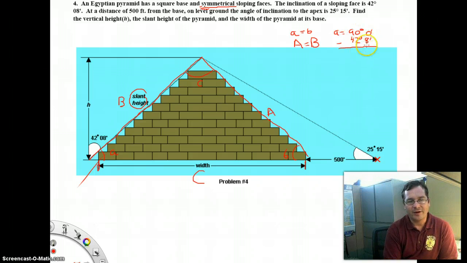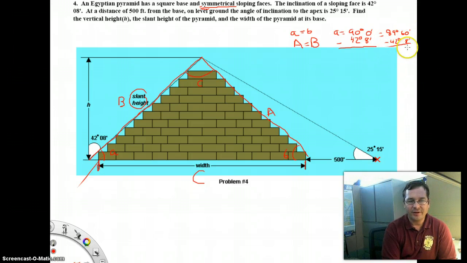You can't subtract 8 from 0. So this is just like when you learned subtraction, probably in first grade. You have to borrow. I take 1 degree away, so I'm going to make this 89 degrees. And how many minutes is that? Well, 1 degree is 60 minutes. So 89 degrees, 60 minutes, and I'm going to subtract from it 42 degrees, 8 minutes.